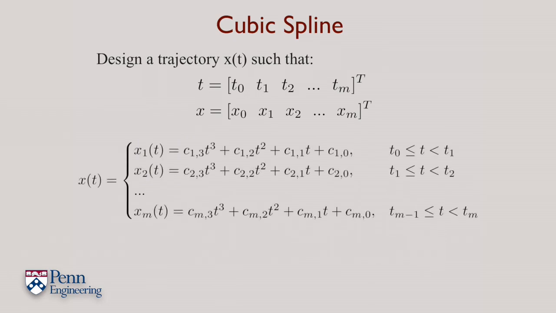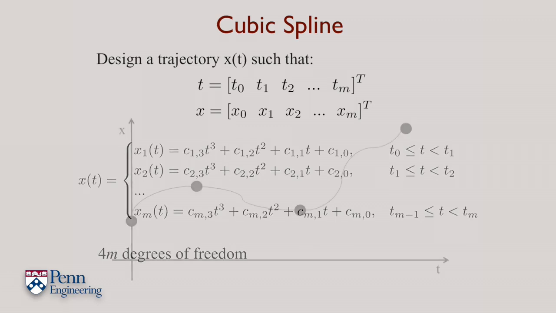The resulting function or curve is called a cubic spline. So we now know the functional form of each segment. However, we don't have the constants. You'll see that there are 4m constants for this cubic spline. Each of these constants corresponds to a degree of freedom. In order to determine these constants, we have to specify 4m different boundary conditions or intermediate conditions.